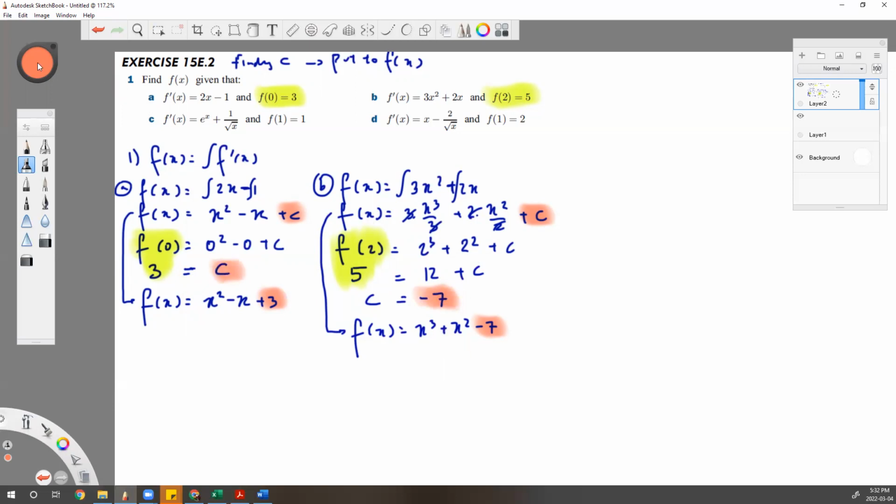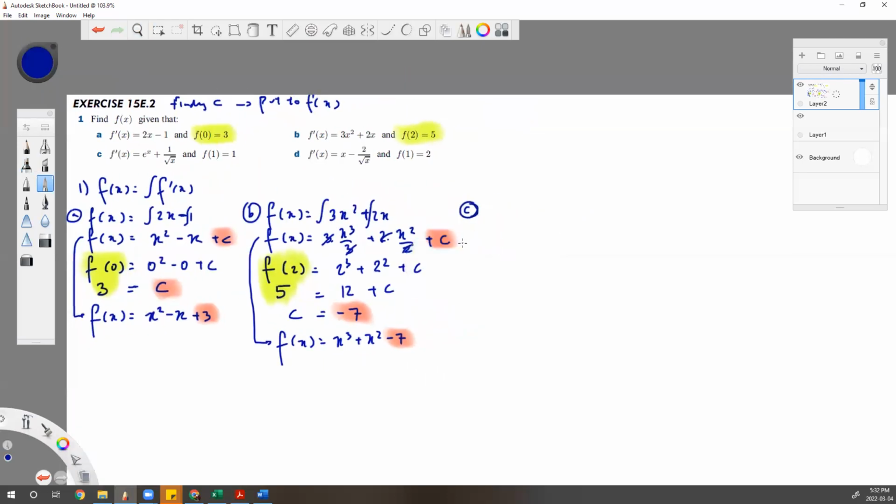Now, c. Okay, you use e, and we have 1 over square root of x. It's just that the load is heavier, the pressure is heavier. Why? Because you need to integrate the power of negative and fraction, right?